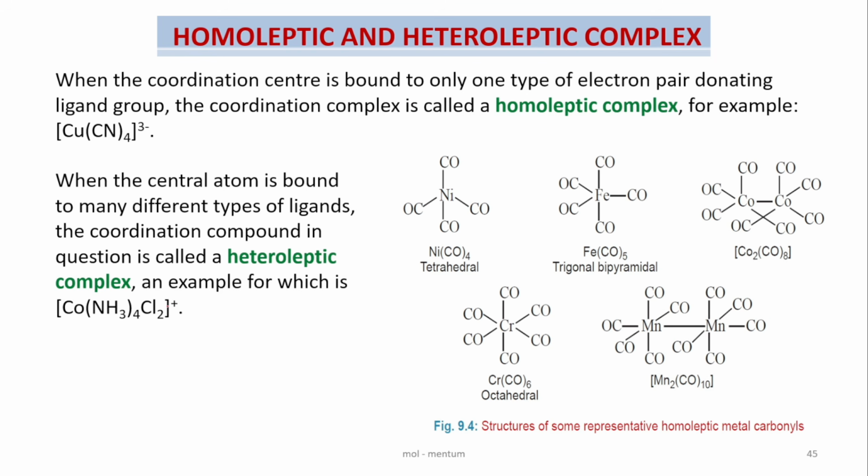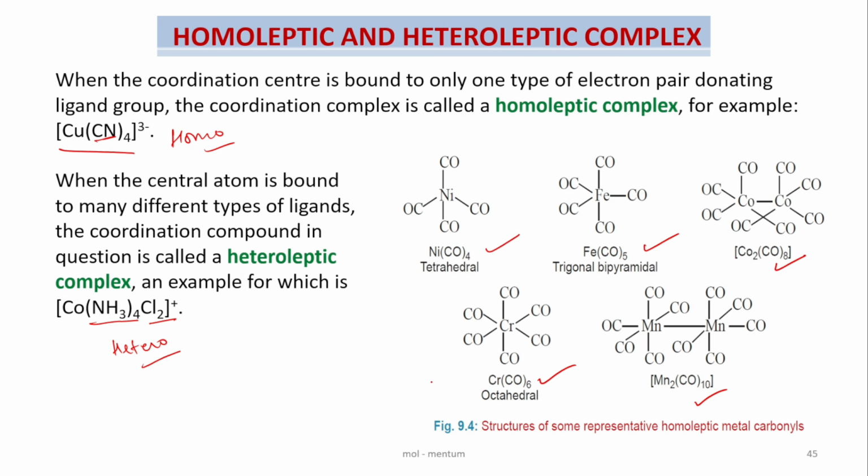I will give you an example like this one. In this case, we have one ligand ammonia, another ligand chlorine, so two different types of ligands. So this will be hetero. Whereas this first one has only 4 ligands and all 4 are cyanide, so this will be homo. Similarly, we have Ni(CO)4, homo. This is also homo. This is also homo.